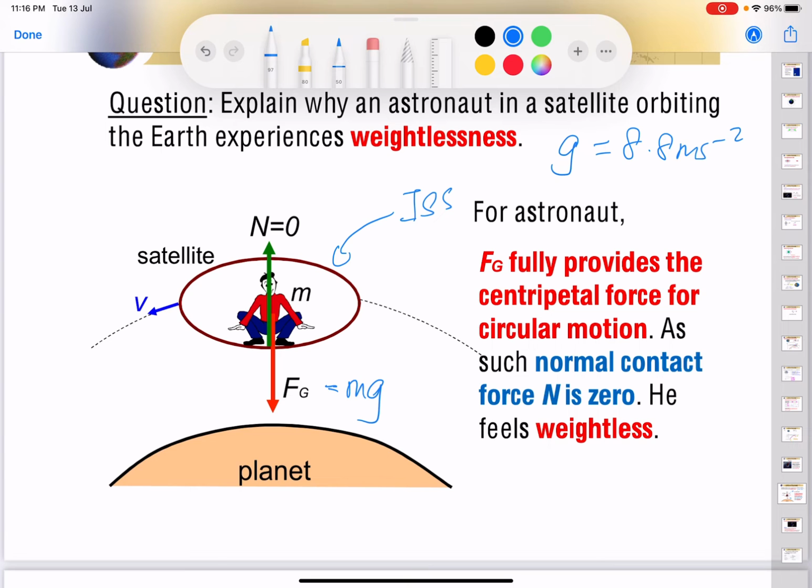This astronaut is in the spaceship, and the spaceship is in circular motion orbiting around the planet, and the astronaut has to be orbiting the planet as well for him to remain in the spaceship. So Fg fully provides the centripetal force for circular motion. As such, the normal contact force is zero. So what the astronaut feels is that there is no contact force between himself and the spaceship, so he will experience weightlessness.